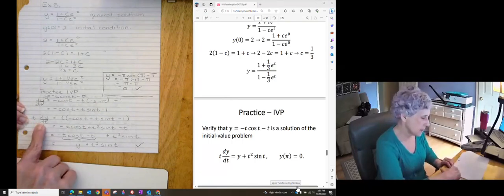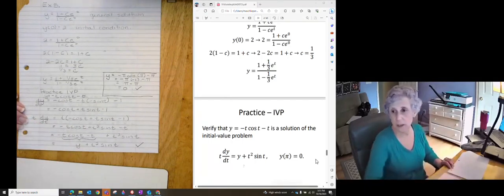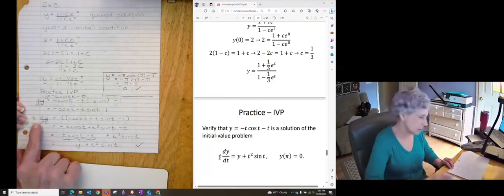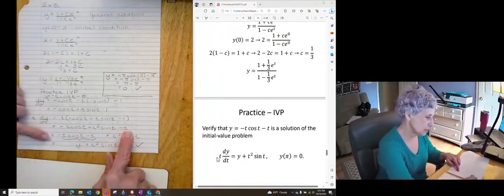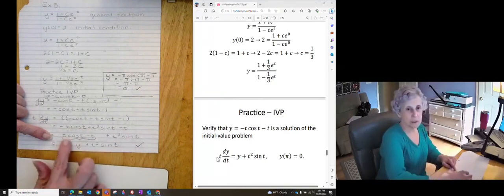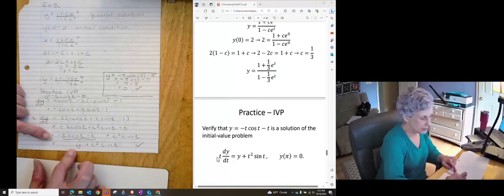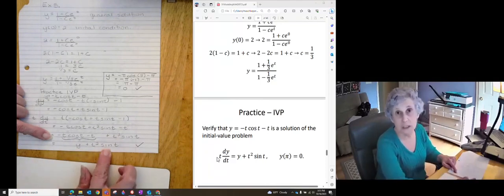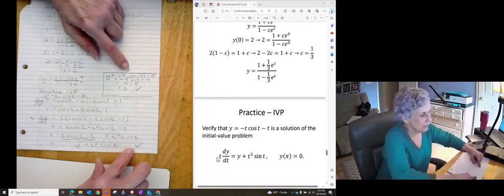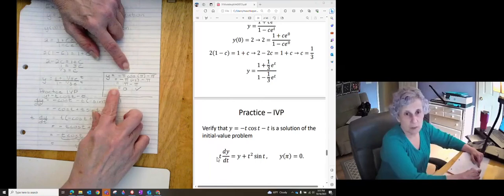Then I took t times dy dt because I was trying to make it look like the differential equation here. So t times dy dt, I distributed. Then I just rearranged, made this look exactly like y plus 2t squared t, which is exactly what we wanted. I had run out of room, so I came up here.